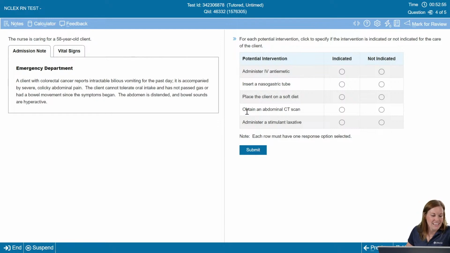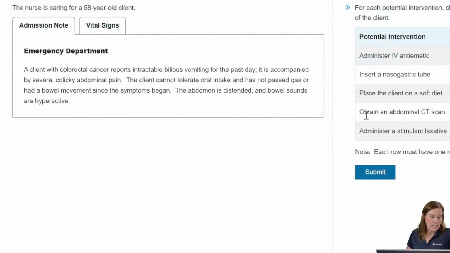All right, so we have the nurse caring for a 58-year-old client. Their admission note says they're in the emergency department. A client with colorectal cancer reports intractable bilious vomiting for the past day, accompanied by severe colicky abdominal pain. The client cannot tolerate oral intake and has not passed gas or had a bowel movement since the symptoms began.